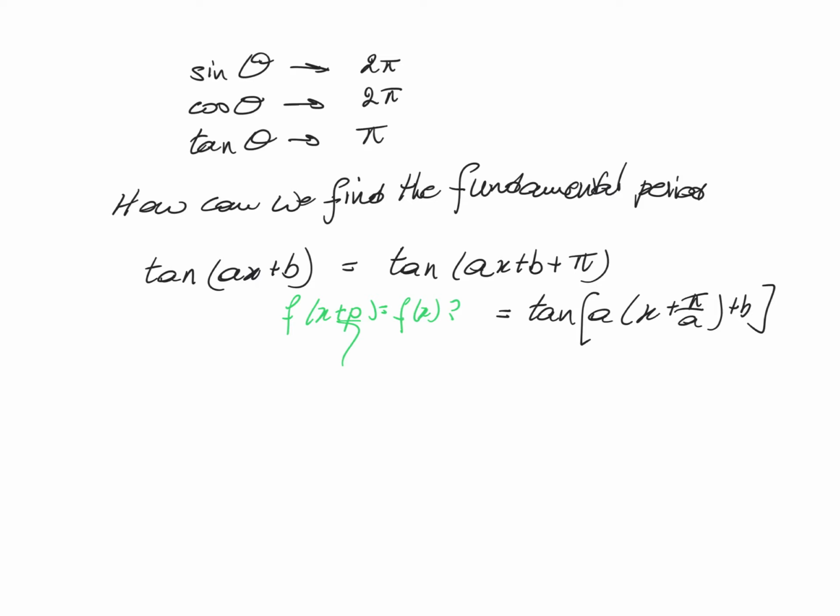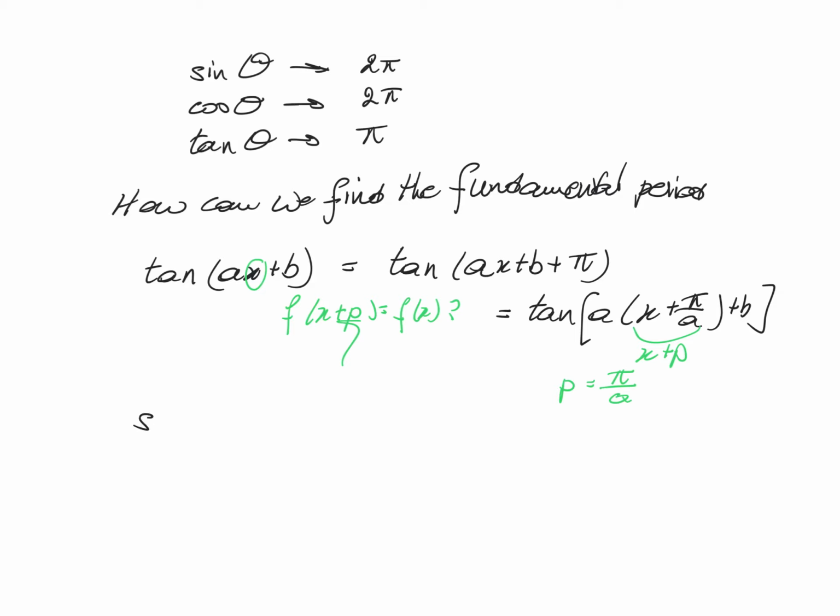Why do we group them like that? Because we want to have an f of x. So here tangent ax plus b was f of x. We want to have a value which is similar for f of x plus p. So in this case, this one is x and this one is x plus p. So my period here, my fundamental period, will be pi divided by a.